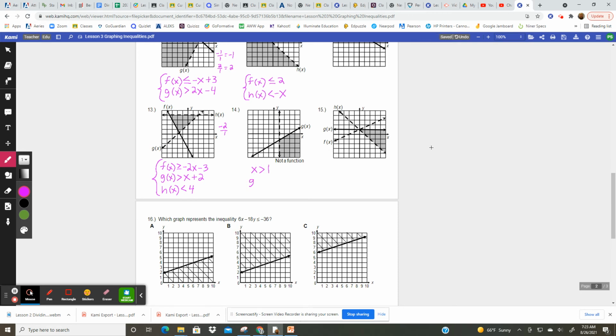And then g of x shaded underneath it. Okay, and actually that should be shaded too, right there. But there's only 2 of them. Okay, so g of x is shaded underneath it.